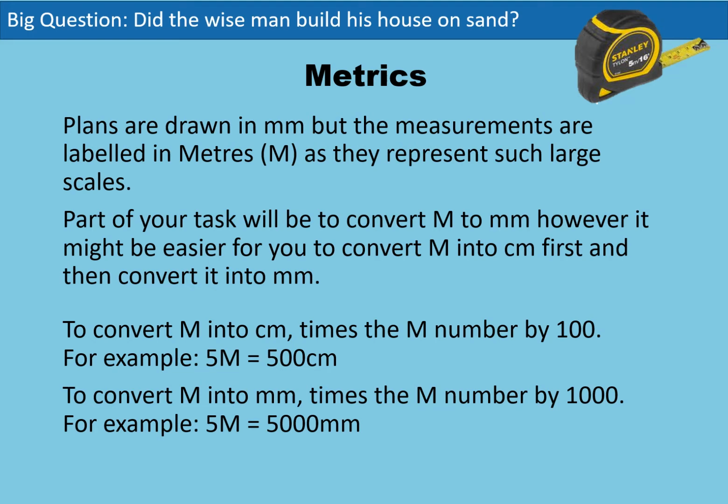To convert meters into centimeters, times the meter number by 100. For example, 5 meters equals 500 centimeters. To convert meters into millimeters, times the meter number by 1,000. For example, 5 meters equals 5,000 millimeters.